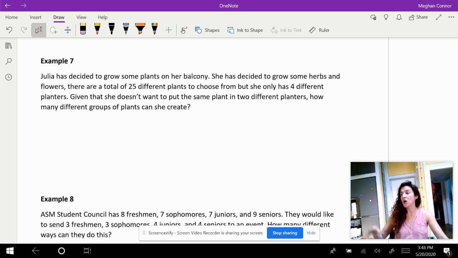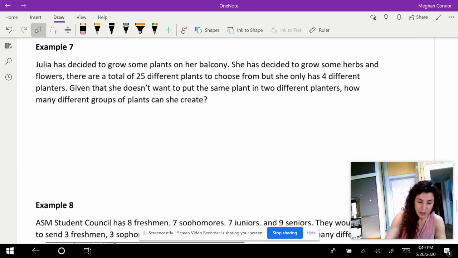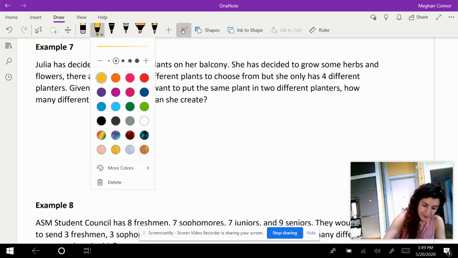I'm not saying, what are the possibilities for orderings of plants here? We're just saying, what are the different plants? So we're pulling out a group of plants, but not specifically putting them in this planter and then this planter and then this planter and then this planter. So that's the difference between permutation and combination, is that we've got no specific order here.